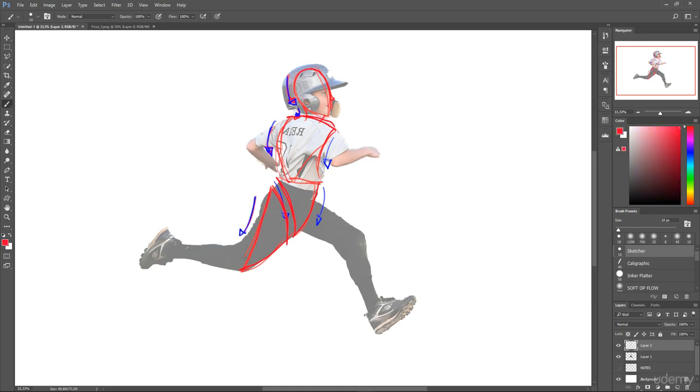And then the back of the leg would have to oppose, so it would make a dynamic shape in that direction. Right. And similarly for the other leg. It curves like that, and then this one curves in the opposite way.